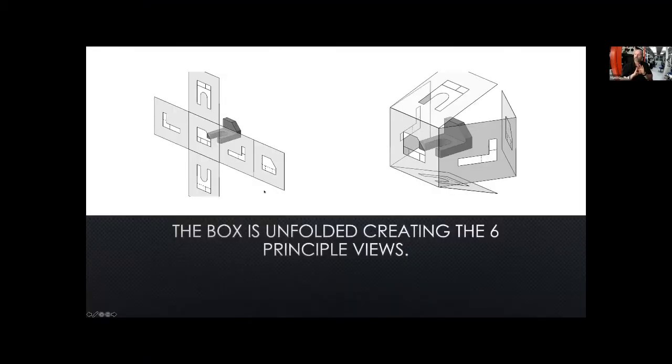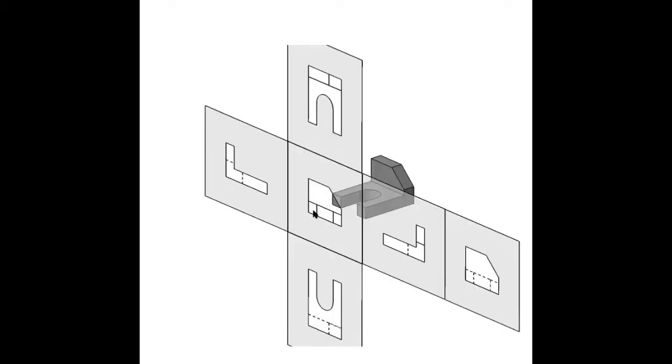And then when you unfold the glass box, you get the different views. On the left side here, you've got the front view. This is the right side view. This one way over here would be the back, the way it's unfolded. And then you have the left view on the left side. And then the top view is the top of the box.